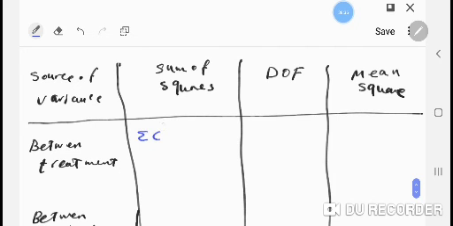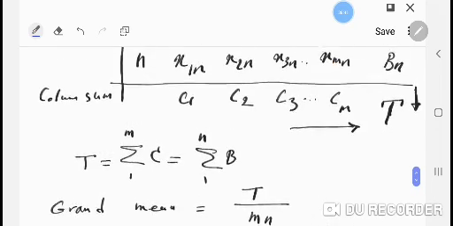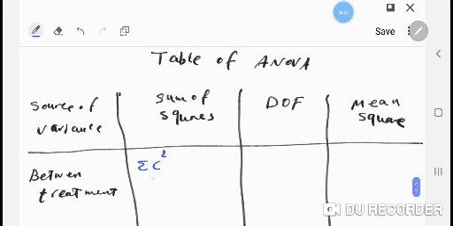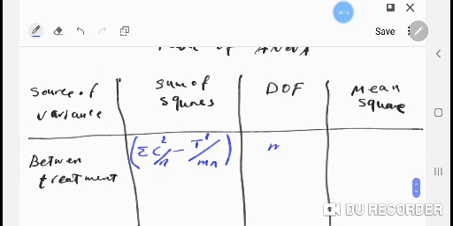Sigma C2, C is here, minus T2 over Mn, and the degree of freedom for this is M minus 1.